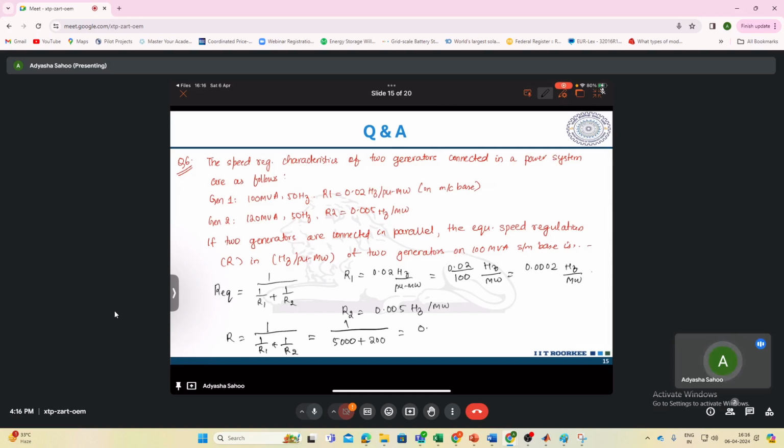So that will give 0.001923 hertz per megawatt. So 100 MVA is base. So if you multiply that, basically you will get 0.01923 hertz per unit megawatt.